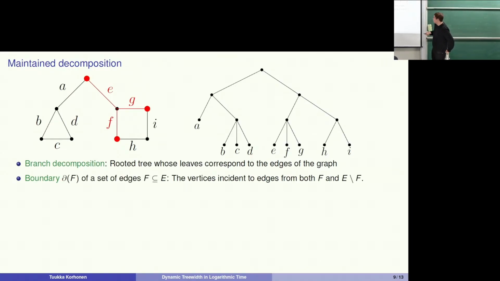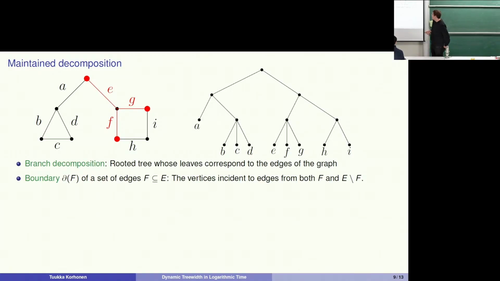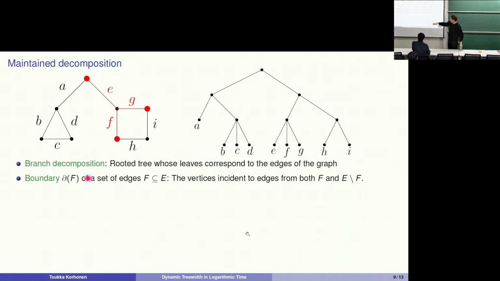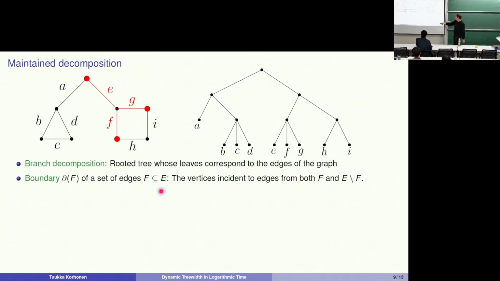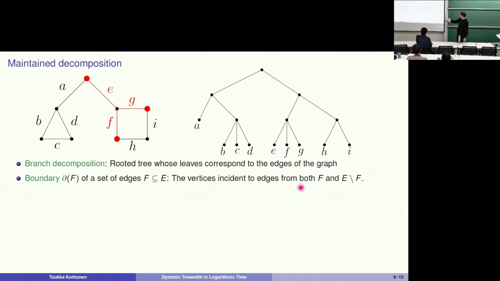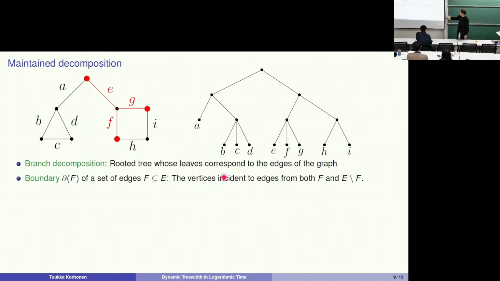And now I want to introduce some definitions. When we have some set of edges in the graph, let's say this set f, then the boundary of this set of edges is the vertices that are incident to edges from both f and its complement. So now the boundary of this set of 3 edges is these 3 red vertices.